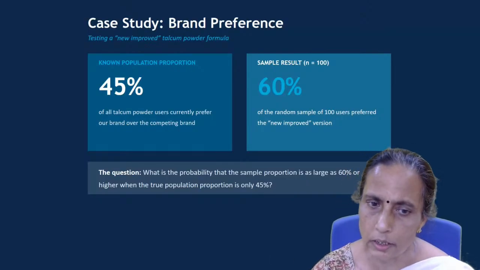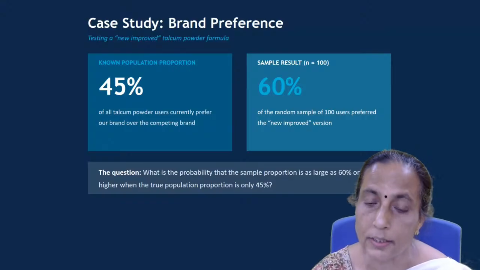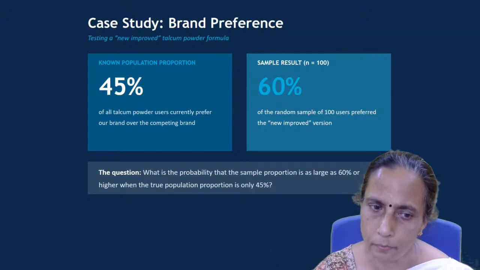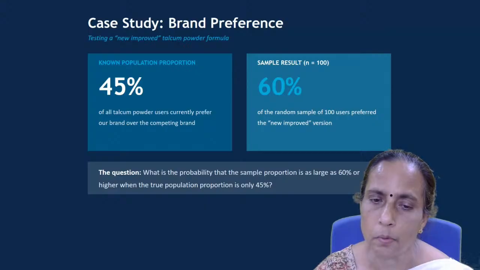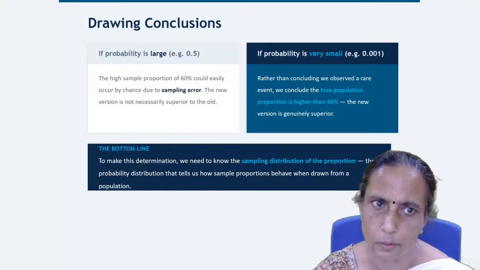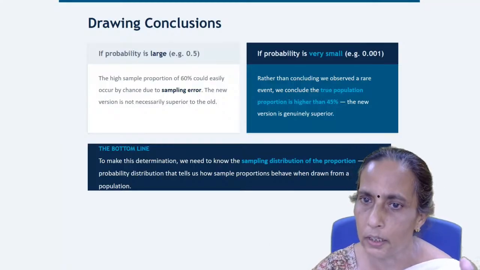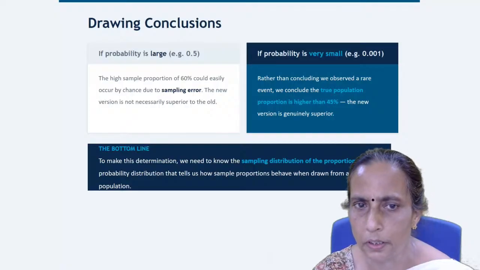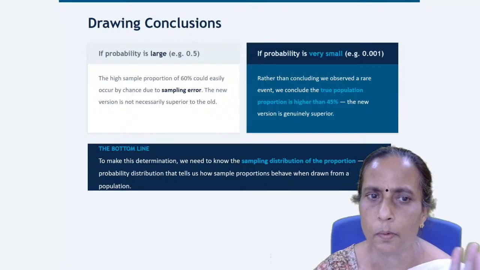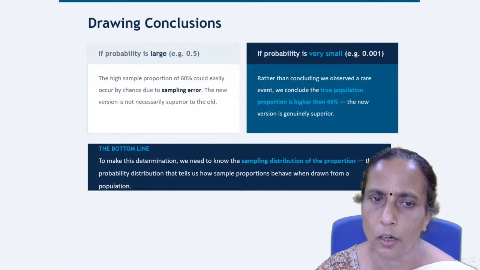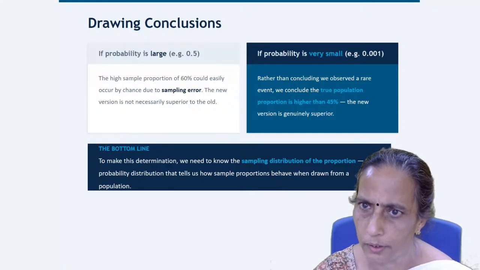The question is, what is the probability that the sample proportion is as large as 60% or higher when the true population proportion is only 45%? The answer will be: if the probability is large, the high sample proportion of 60% could easily occur by chance due to sampling error. The new version is not necessarily superior to the old.